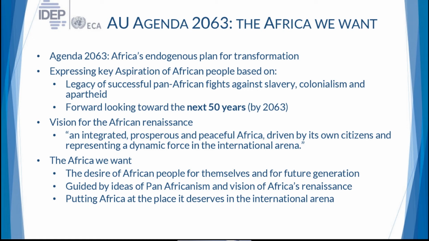It expresses the key aspiration of the African people based on the legacy of the Pan-Africanist leaders of the continent. It is also forward-looking toward the next 50 years. So the time frame is by 2063. That's why it's called Agenda 2063.